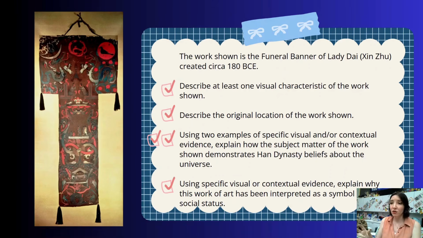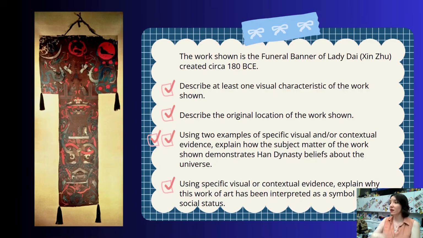Don't let that scare you. What is it actually asking? In this case, it's about the belief system. You can do belief system a little bit easier than thinking about the entire context of the Han Dynasty. So focus in on what it's actually asking. Then lastly, using specific visual or contextual evidence, explain why this work of art has been interpreted as a symbol of elite social status. That last question is about elite social status.